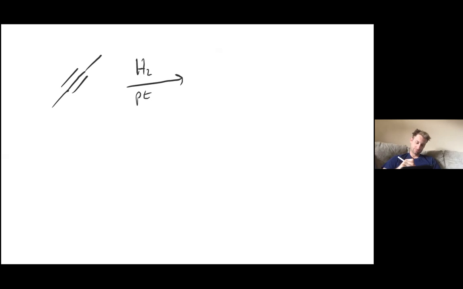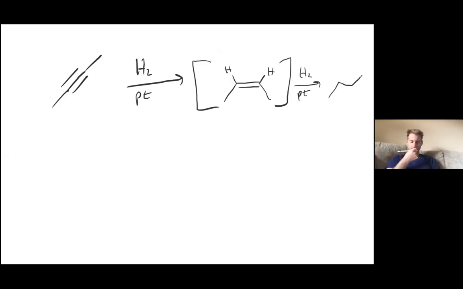So we would temporarily get this, but because there's so much H2 in solution, it's going to immediately just take us to the 4-carbon alkane. So if we add in a poison catalyst, we're able to stop it at this point here.